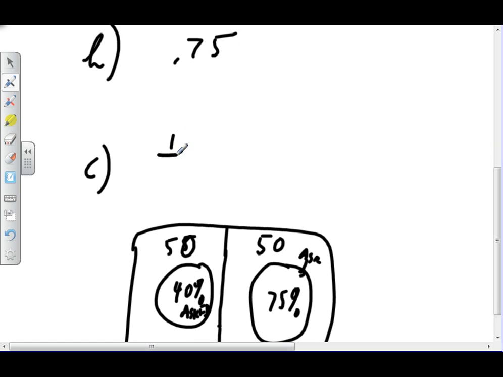So I have 0.5 chance of it being picked. 40% of the unsuccessful bids requested additional information.